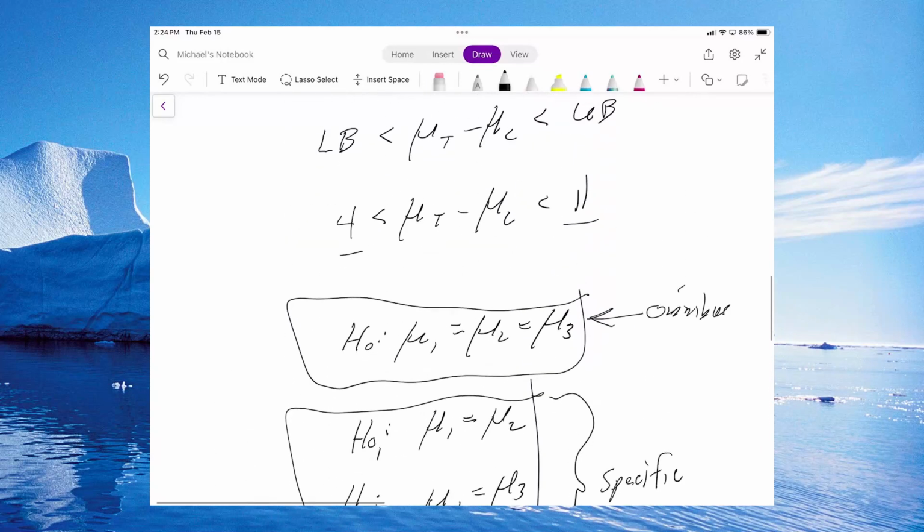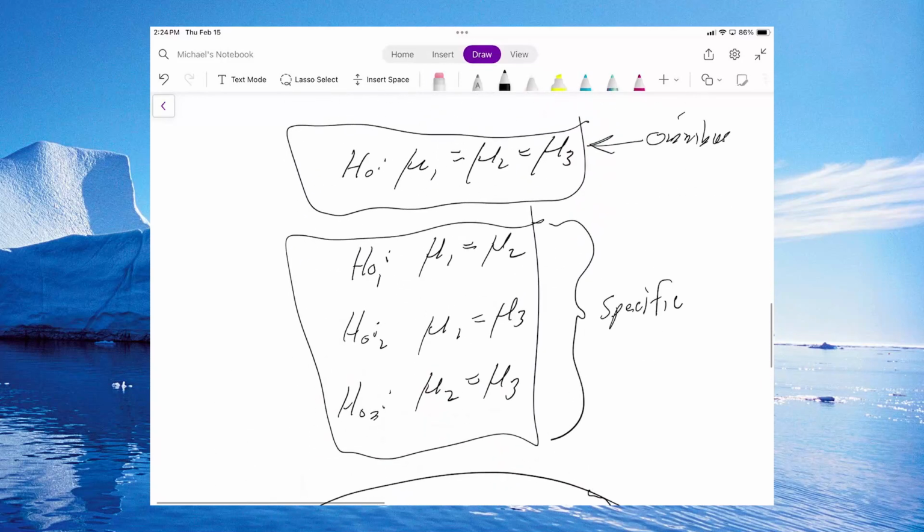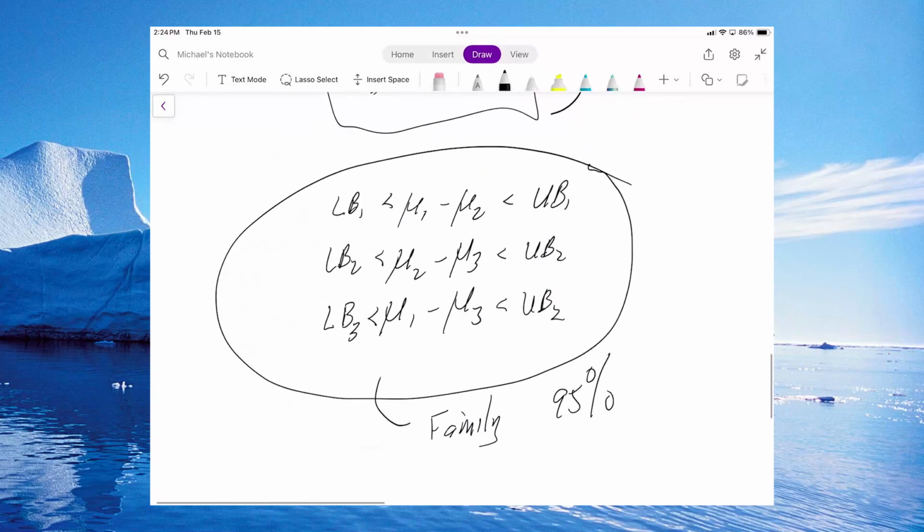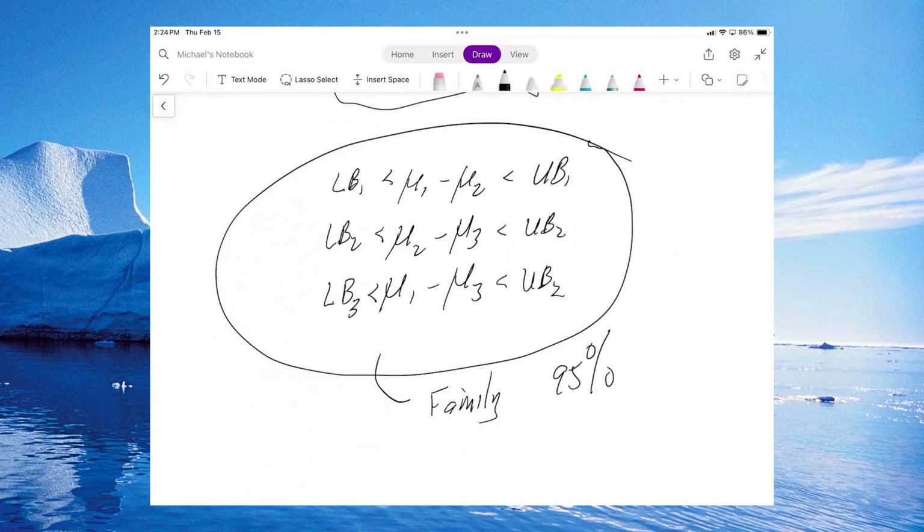If we have no reason to believe that there's a difference in the three means, because when we do the omnibus test we do not reject, we have no reason to go on. If, on the other hand, we find out that we can reject this, and some of those means are different from one another, we just don't know which ones or how, then we can go on and build our confidence intervals.